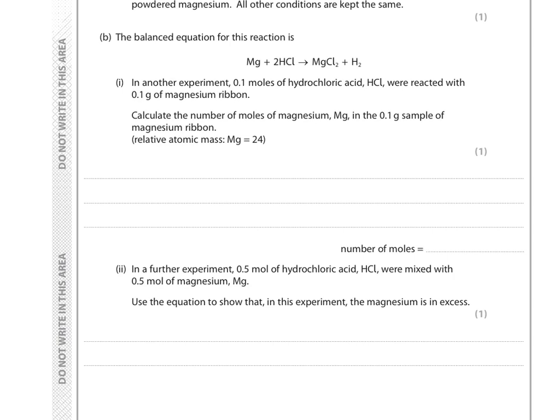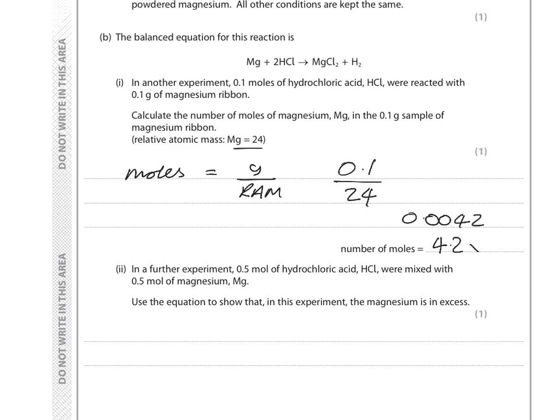Well, moles equals grams over Mr. In this case, the grams is 0.1. The Ar of magnesium is 24. 0.1 divided by 24 equals 0.0042, or 4.2 times 10 to the minus 3 in standard form.